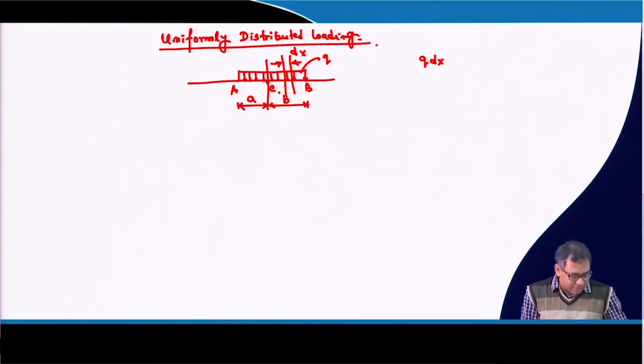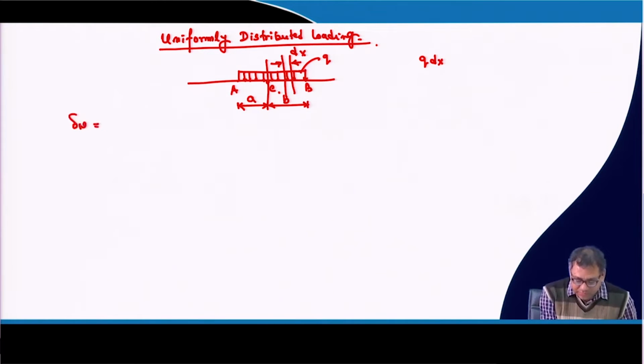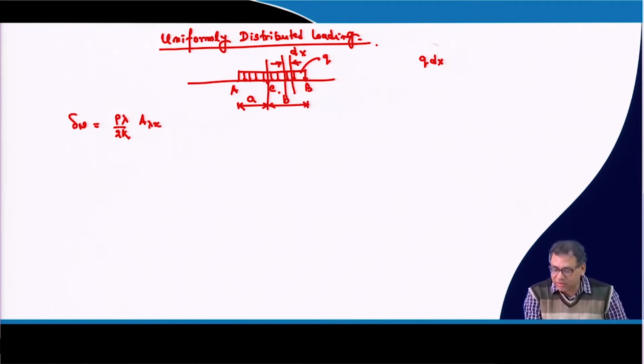Now, you know that for the concentrated load, for this small segment, I will get the small deflection delta W, which will be equal to P lambda by 2k, A lambda x at any point due to this small concentrated load q into dx.